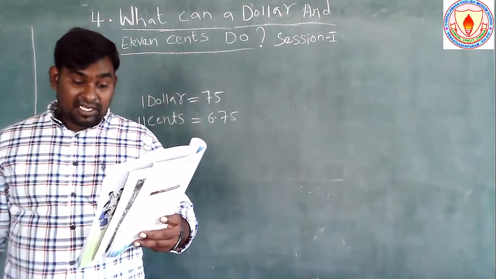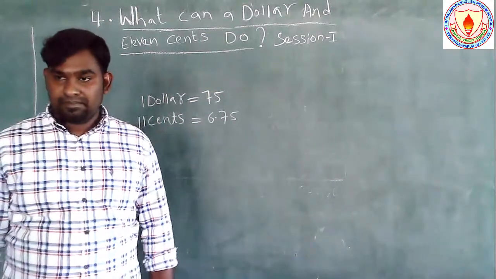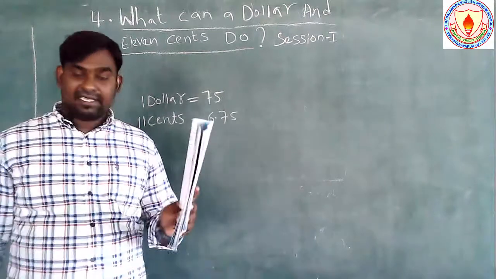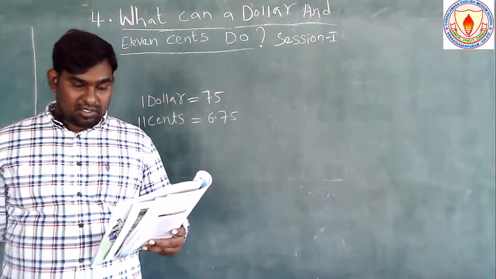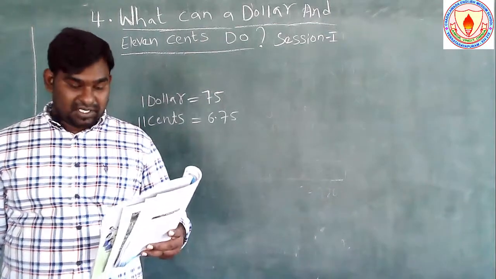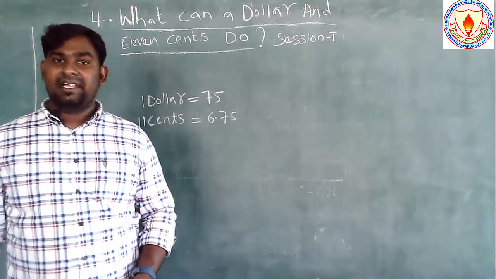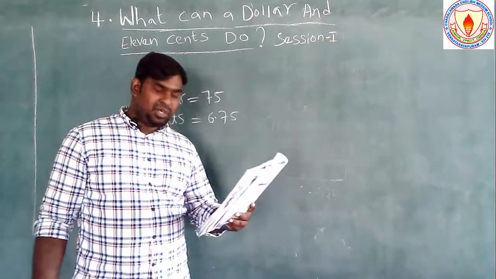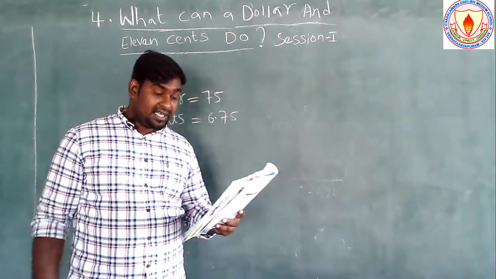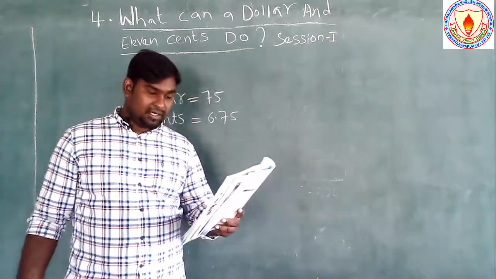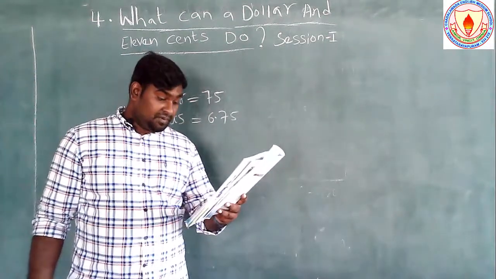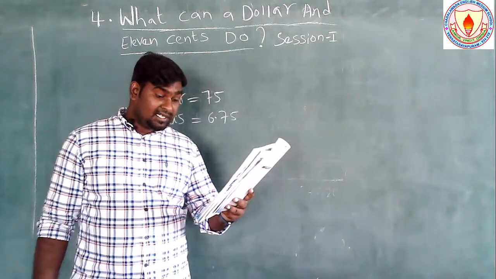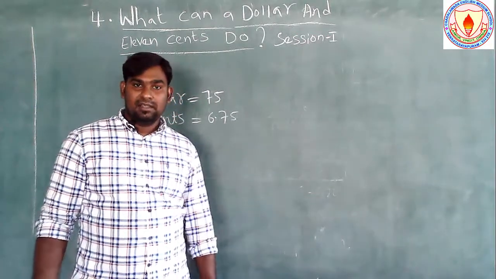Why do you think the girl has come to the shop? You can see a little girl standing there in front of the billing device, but we don't know why she has come. Next question, what do you think the girl is saying to the shopkeeper?